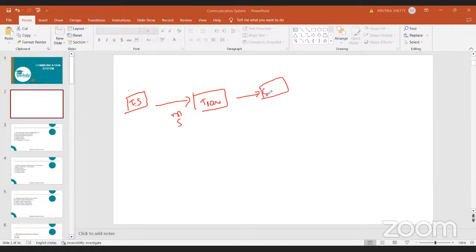Then next we have the channel. Then the unwanted noise gets added to the message. Then we have the receiver. Then the last one we have is the user of information. So this is the block diagram of the generalized communication system.